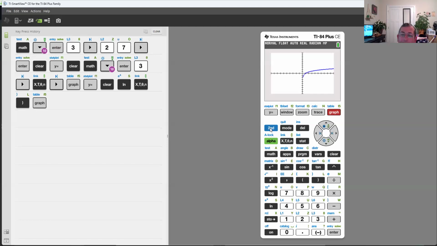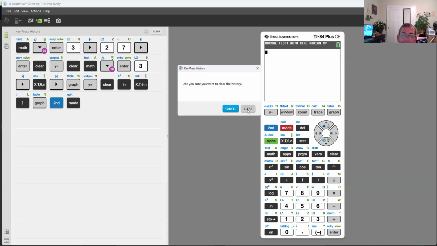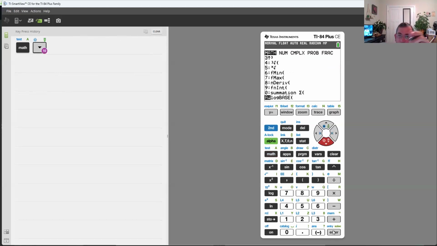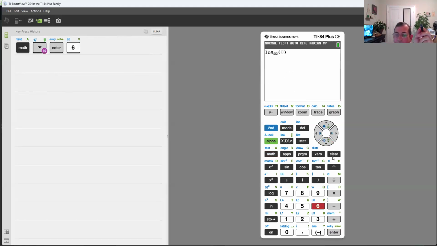All right, y'all. Let me quit this screen. So log base 6, I would hit math. All right, I'm starting to see some answers. Jackson, you're looking good on that. It looks like a 4. So you put your 6 in, arrow right, and put 1296.